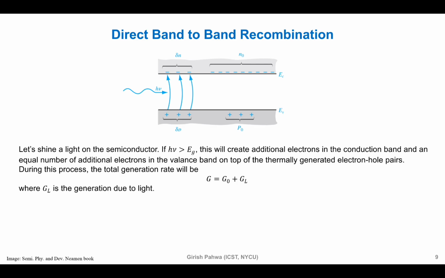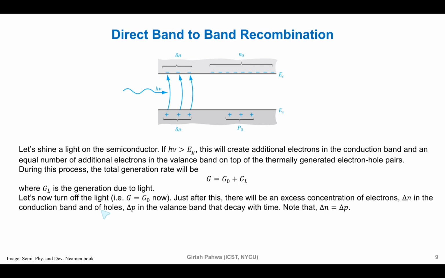So what will happen? If you turn off the light, G will become G naught, and just after you turn off the light, there will be an excess concentration of electrons, say delta N, and an excess hole concentration, say delta P. This is on top of N naught and P naught.